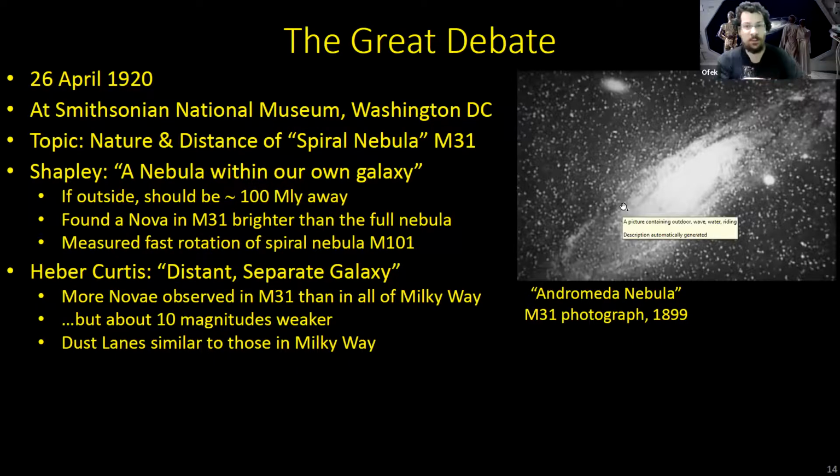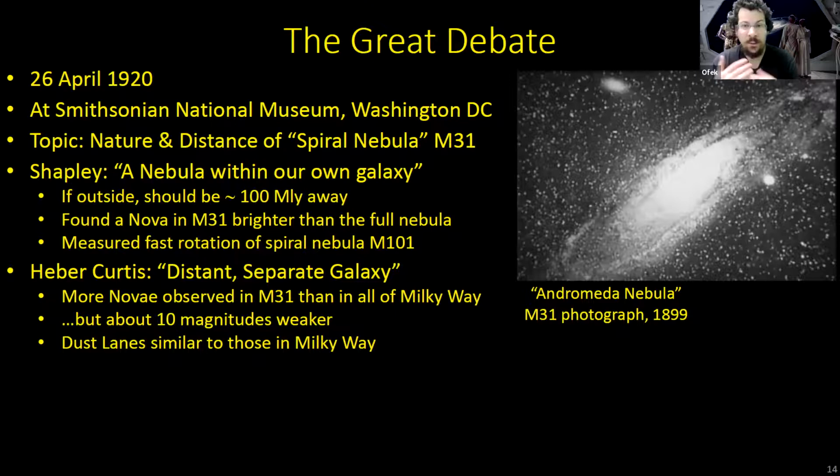They realized that the structure of this was not just a typical nebula that was maybe more amorphous. This nebula, what they called a nebula, was quite flat. It was disc-shaped, and it had these spiral arms to it. So it looked weird.